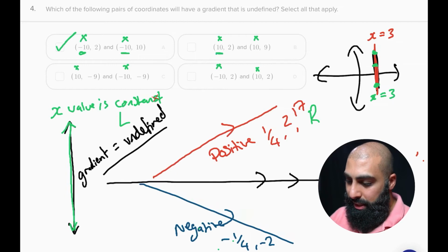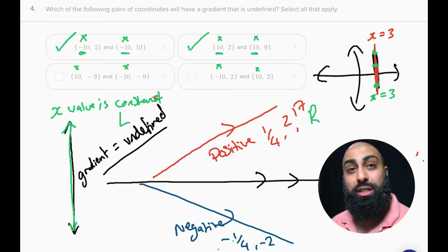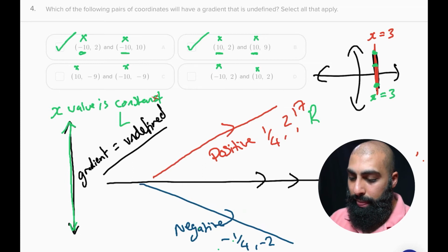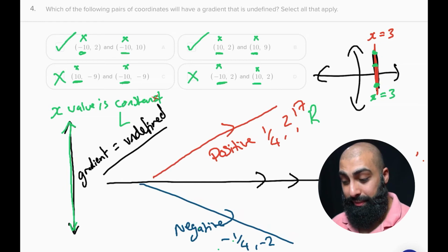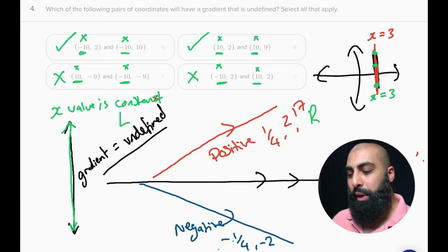This is also constant. So that's going to be a gradient which is undefined. This is not constant, so that is not undefined. And then the last one is also not constant, so it's not undefined. Basically, it has a gradient, either positive or negative or zero. So we can confirm this by substituting these values into the gradient formula.